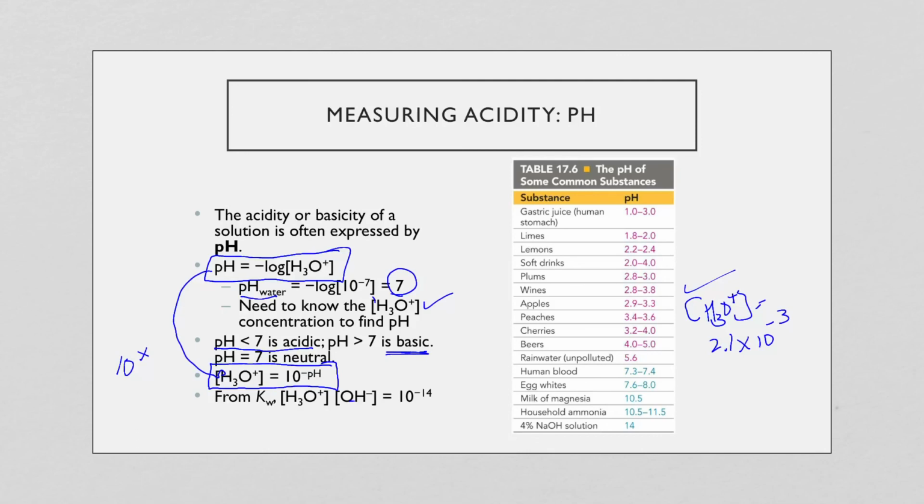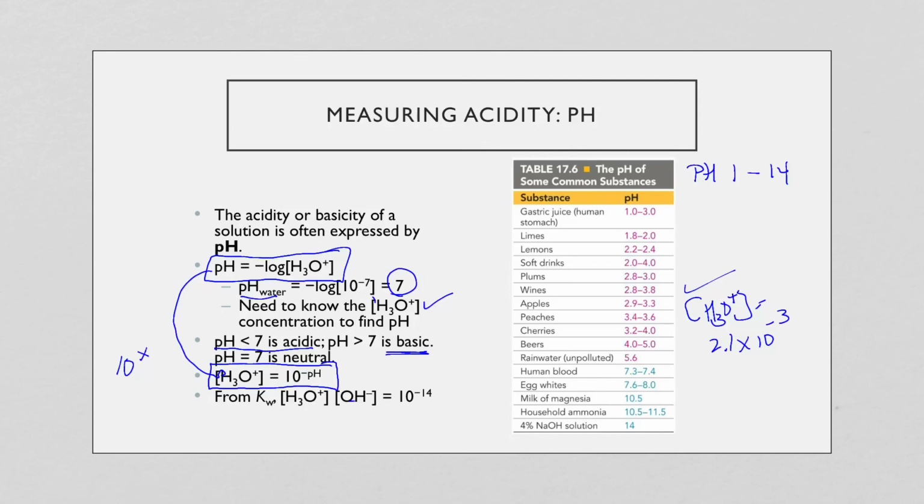Now, and of course the scale here is 14, right? So pH values go from 1 to 14, with 1 being very acidic, 14 being very basic. Right? And they have to stay between this range because of that ion product constant, right? The fact that hydroxide times hydronium must equal 1 times 10 to the minus 14.